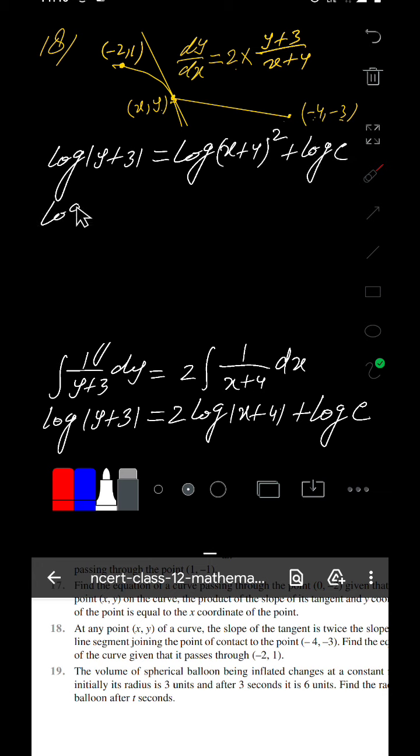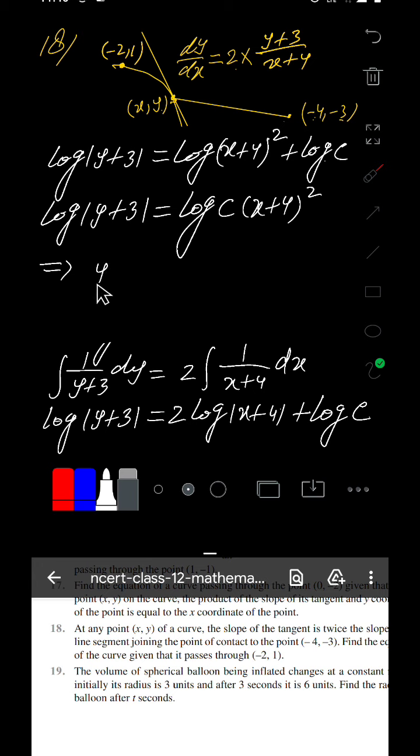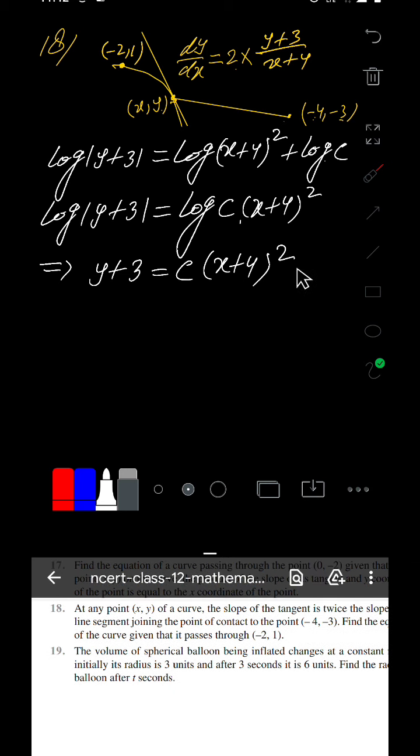Since log m plus log n is equal to log m into n, this may be written as c times x plus 4 whole square. Now eliminating log from both sides, we get y plus 3 is equal to c times x plus 4 whole square. So this is the equation of the curve.